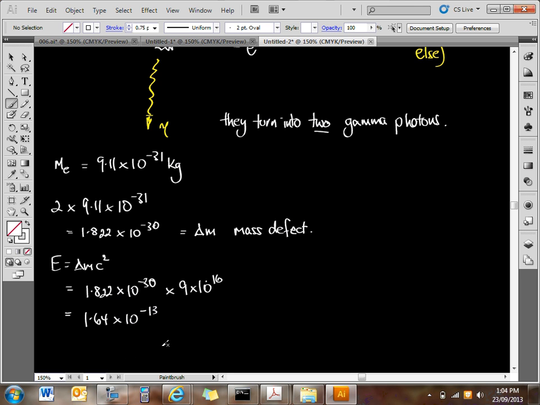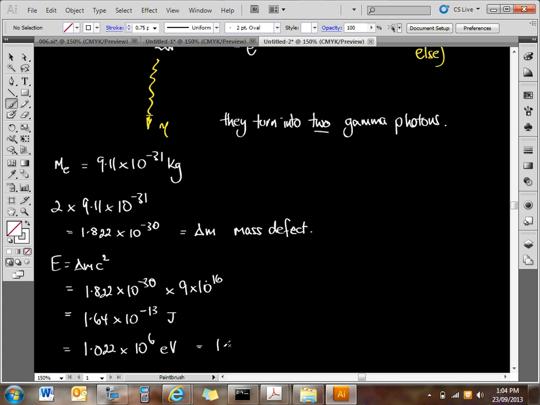Yeah, nice. That's good, I think. And that's it. That's in joules, of course. We calculate energy in joules. We need to change it to eV. 1.022 by 10 to the 6 eV.